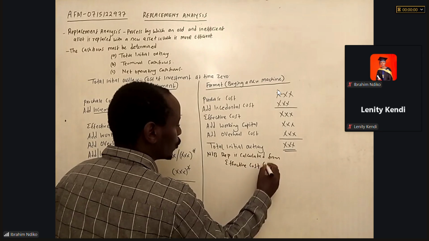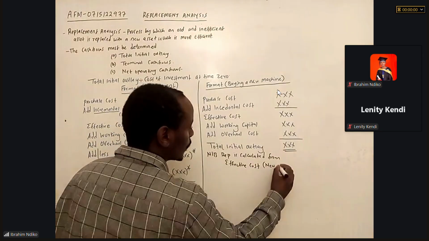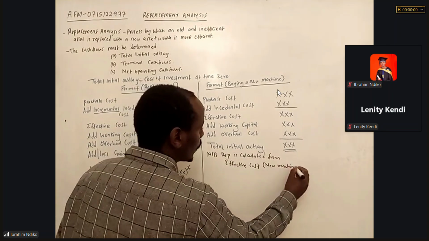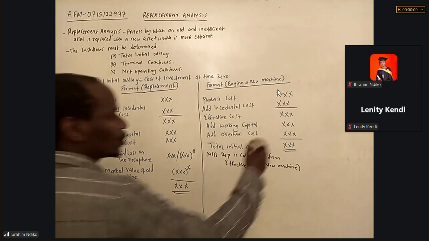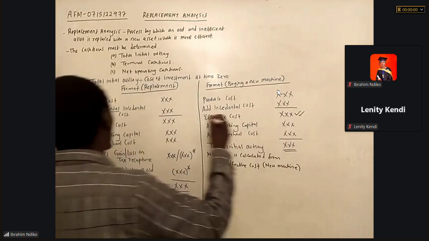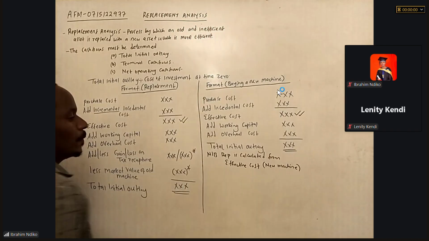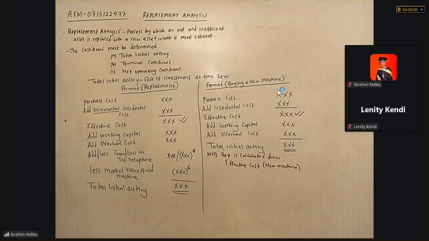And remember, this is depreciation for the new machine. So for the new machine, the effective cost is used to determine depreciation.